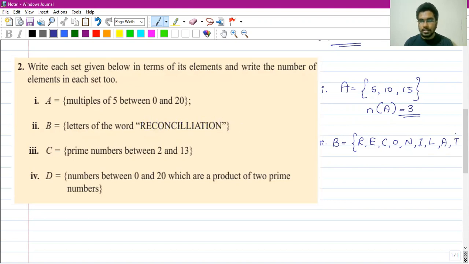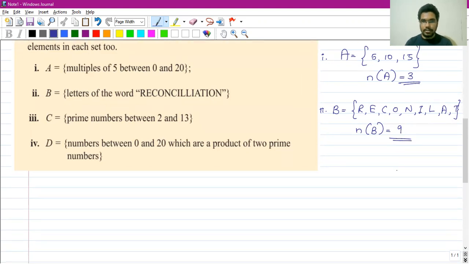So this is the set of letters in this word reconciliation. So we can write number of elements in B is equal to 1, 2, 3, 4, 5, 6, 7, 8, 9. There are 9 elements. So this is the answer for second part.